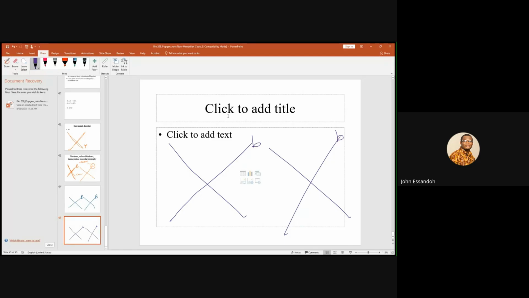For a woman to be bald, she should be homozygous for the allele.